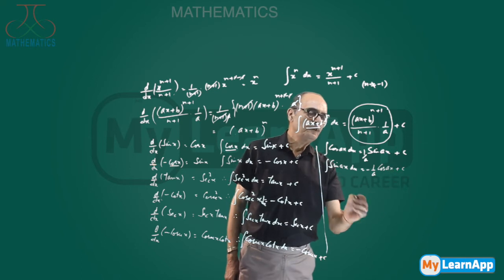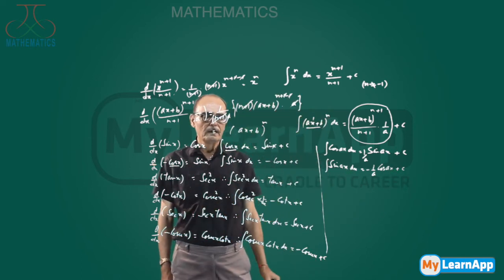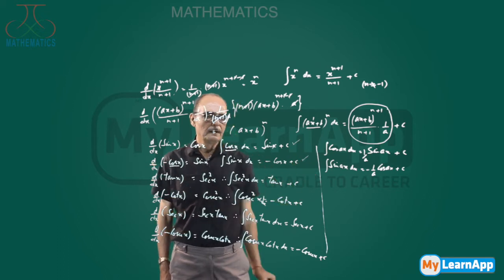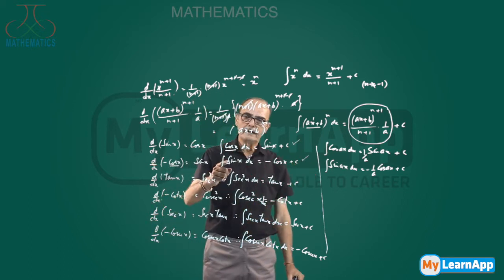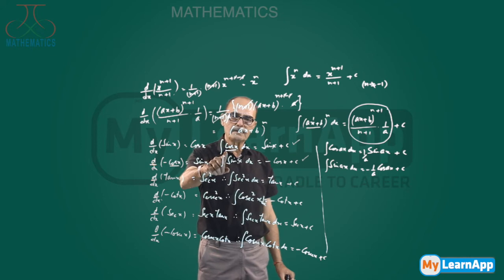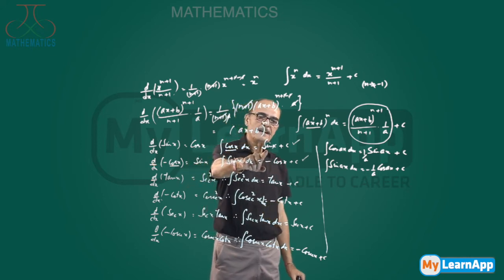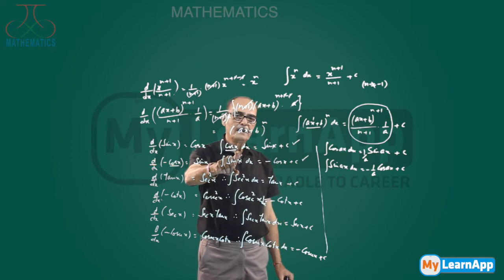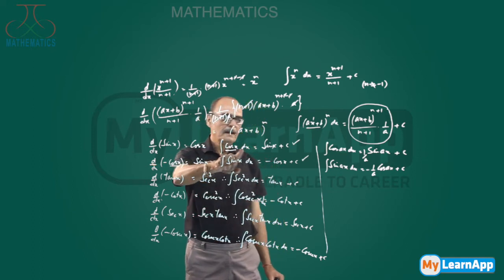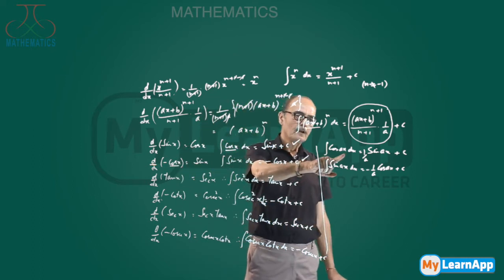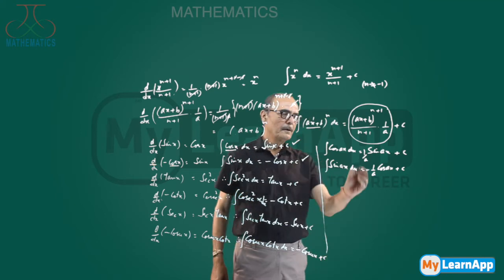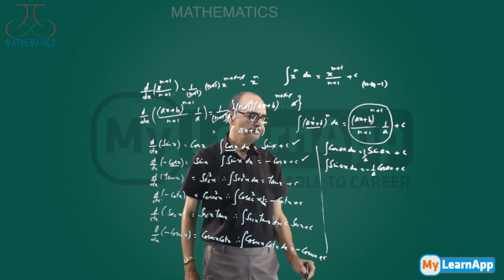If you compare these formulas with these first two formulas, we observe here integral of cos x is sin x, but here instead of x, it is being replaced by Ax. So the same formula will come, sin Ax, but divided by coefficient of x.